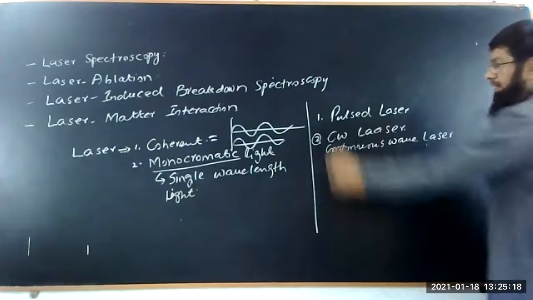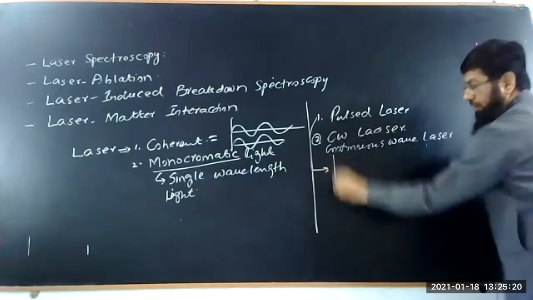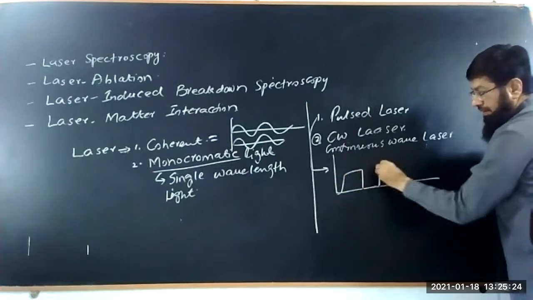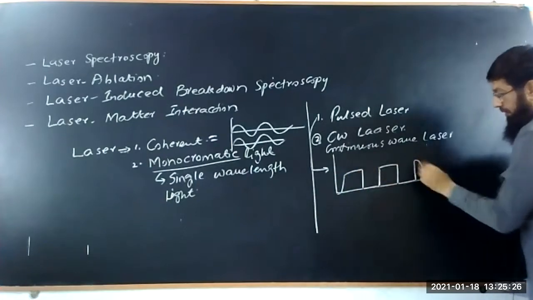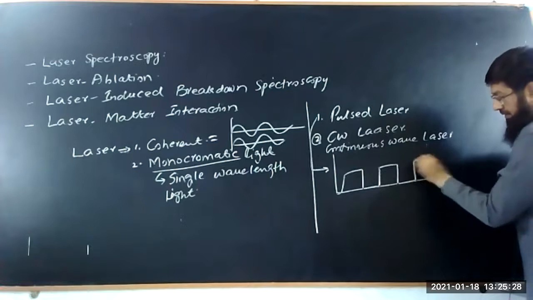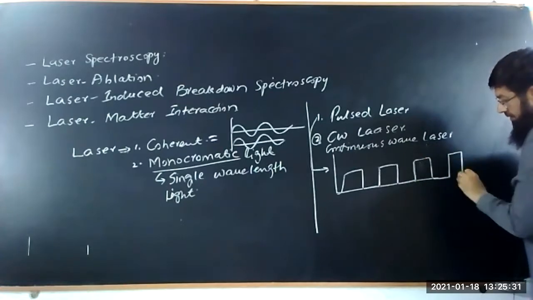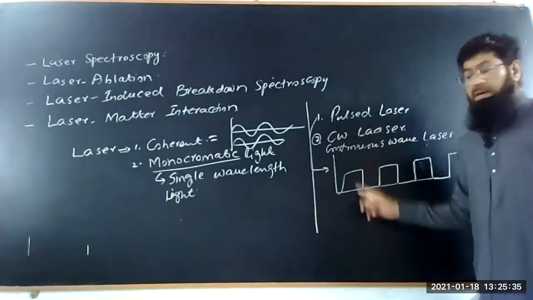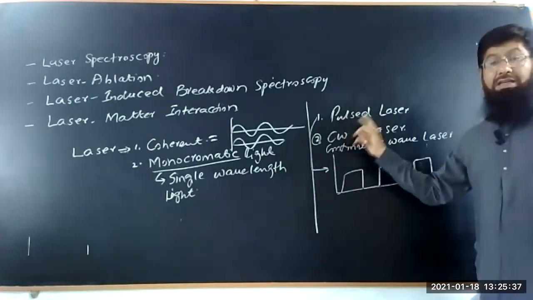This pulse laser is in the form of pulses. Actually, this is drawn as a square pulse, but the pulse of the laser is a Gaussian pulse.